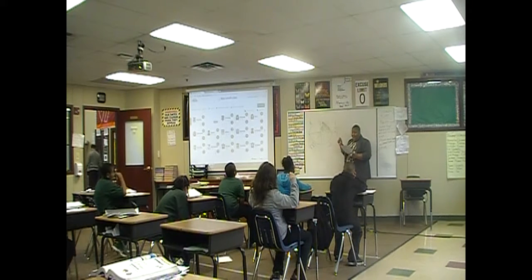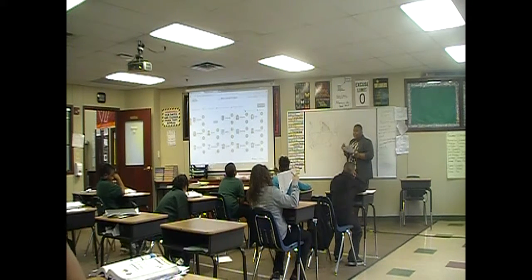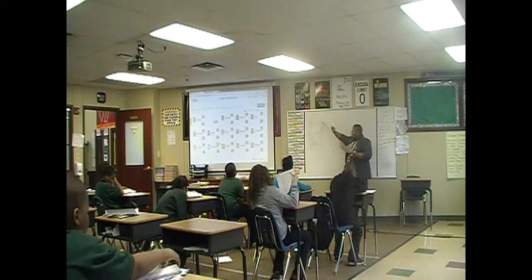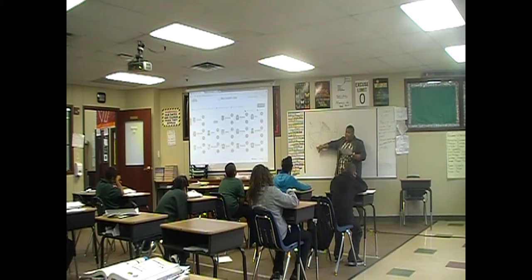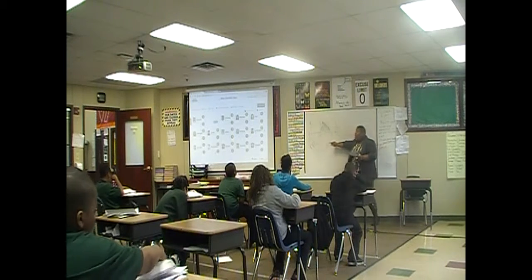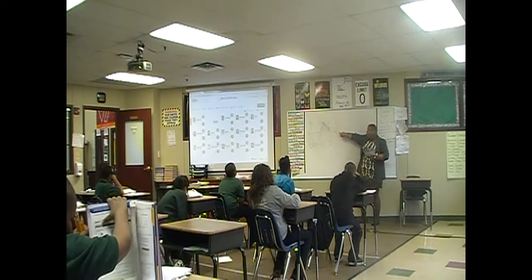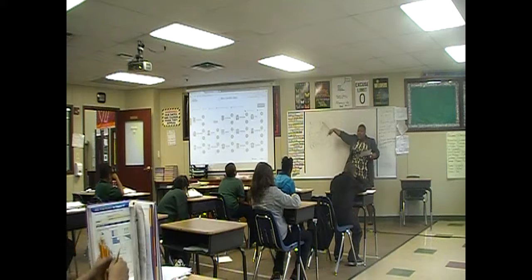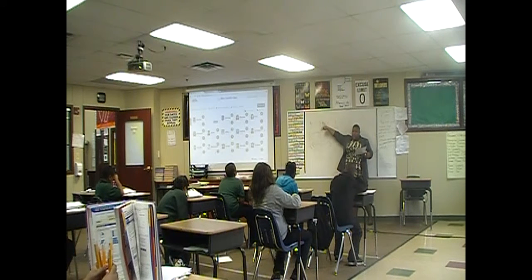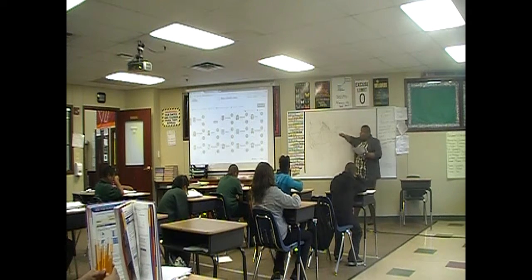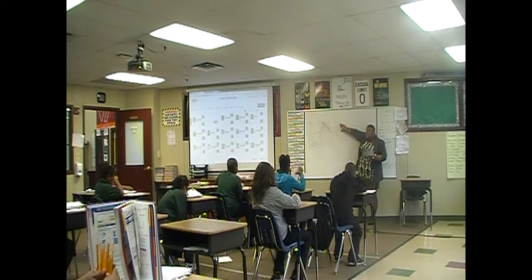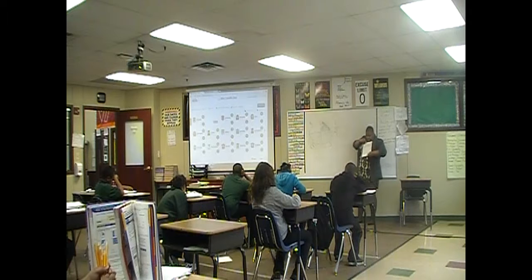So if I need to write a fraction to represent how much pizza Kelly, Jose, Jason, and Melanie will get, they'll get 1/4 of the whole pizza, right? Because we have 4 slices and we're sharing with 4 people. So everybody will get 1 slice. We have 4 slices, right? That's 1/4. So this is the fraction that represents how much pizza they'll get, right? So this is the example at the top, okay?